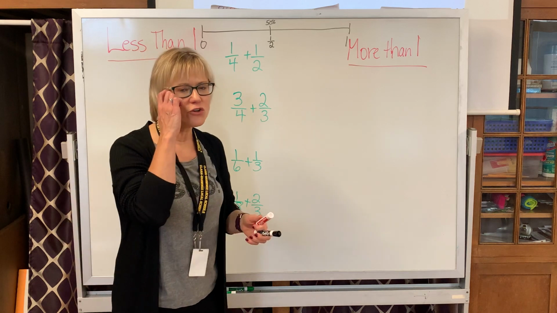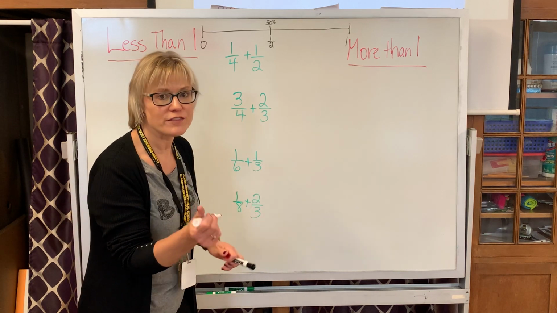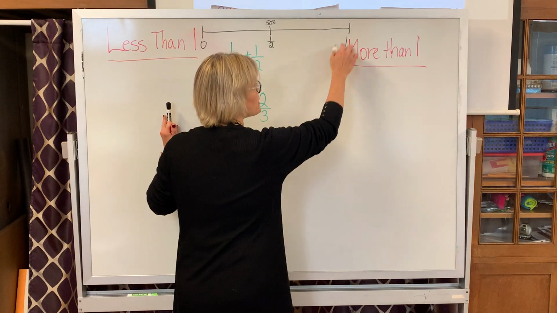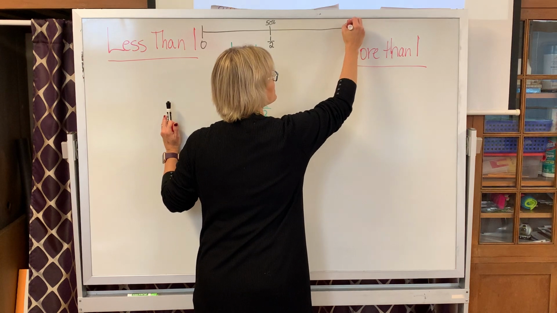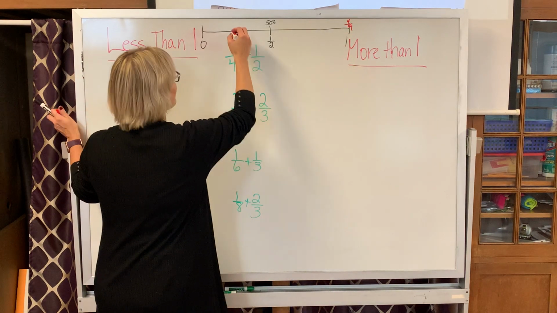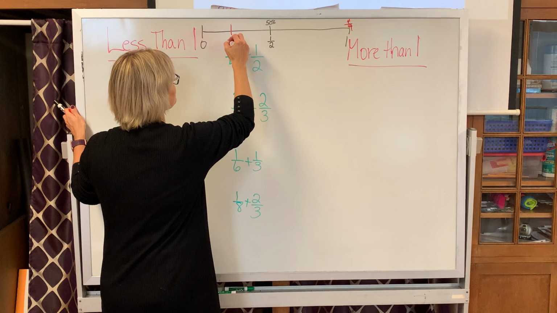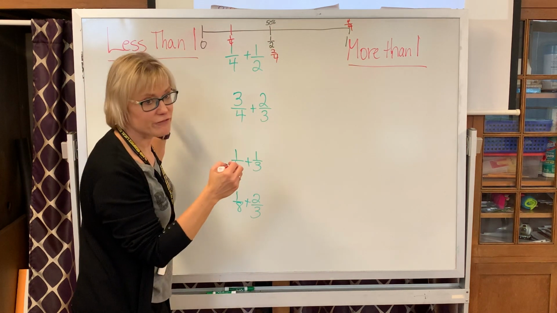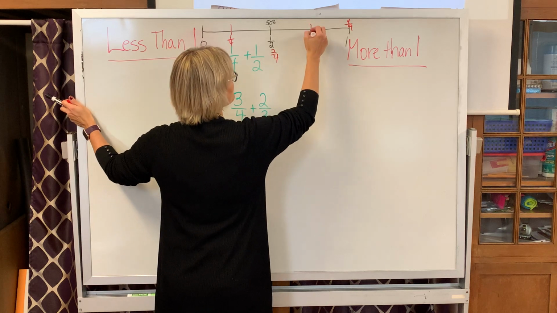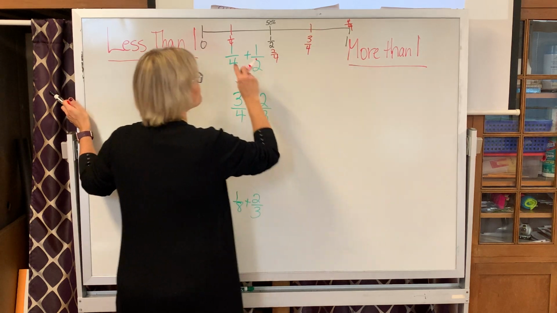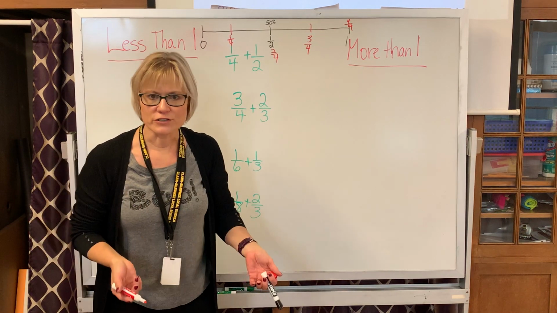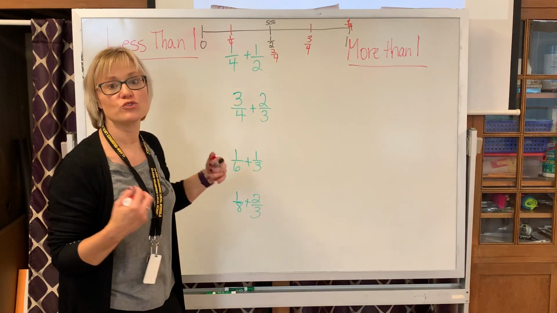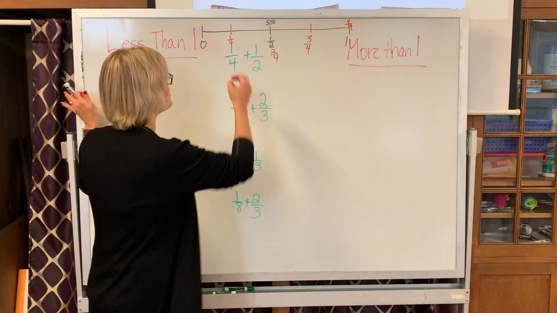Now, if we wanted to create this and add in the fourths, we would have to stop here at 4/4. We would have 1/4, 2/4, which is the same as half, and we would have 3/4. And remember we said this is the same as quarters, so this 1/4 would be 25 cents or 25%.